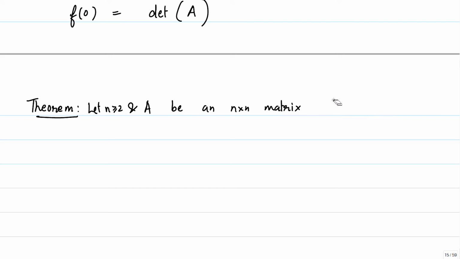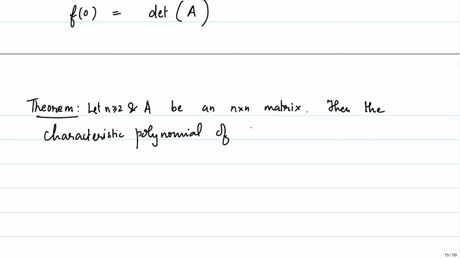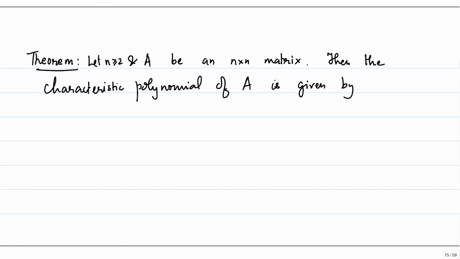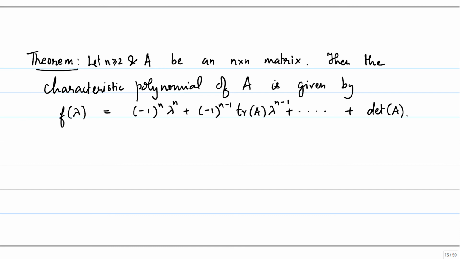Then the characteristic polynomial of A is given by f of lambda equal to minus 1 to the power n lambda to the power n, plus minus 1 to the power n minus 1 times the trace of A times lambda to the power n minus 1, plus dot dot dot, plus finally the determinant of A. So the characteristic polynomial encodes in its coefficients the trace and the determinant of our given matrix A.